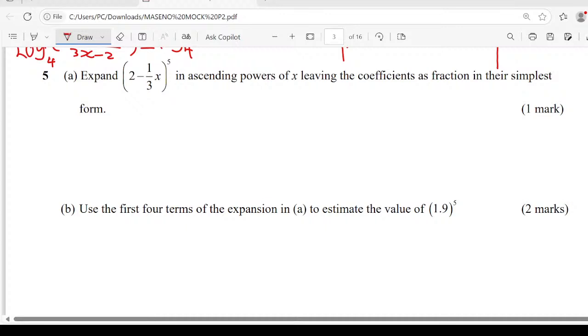Okay, I'm looking for my log table. The problem is wherever I'm going, I'm trying to search, it seems they are not there.